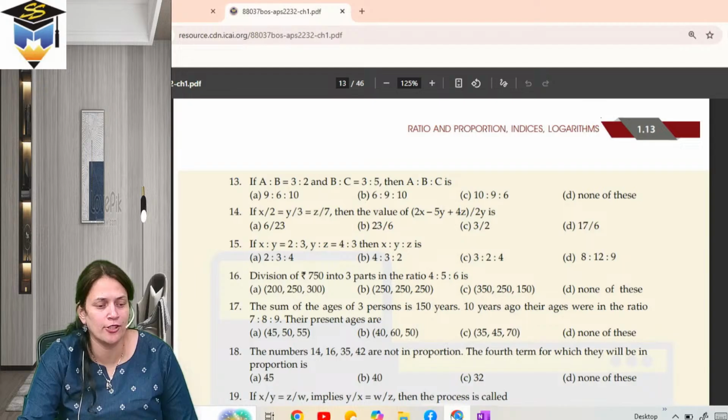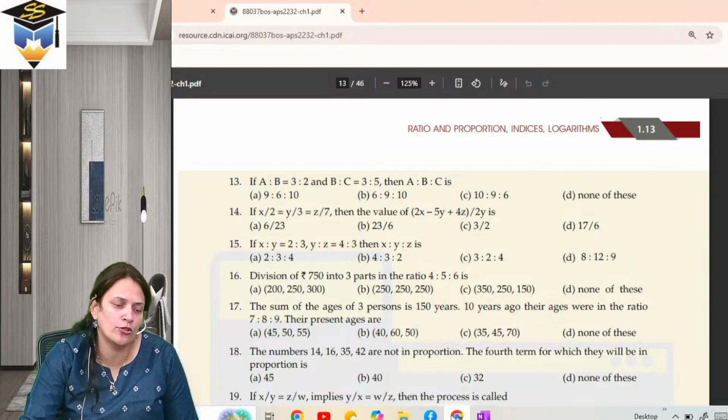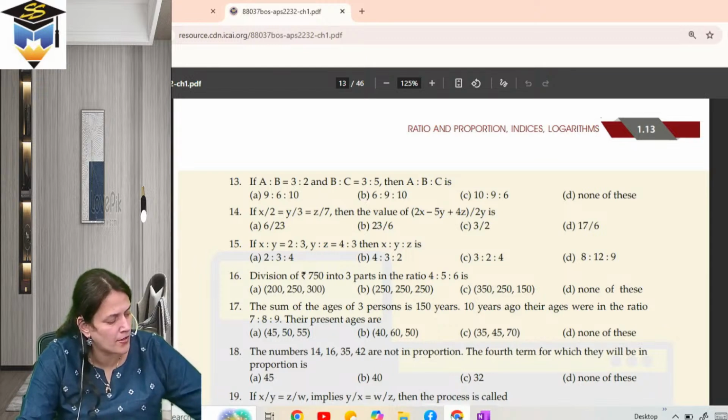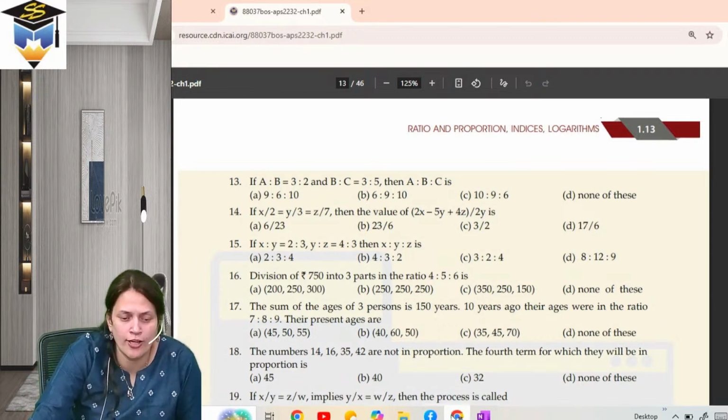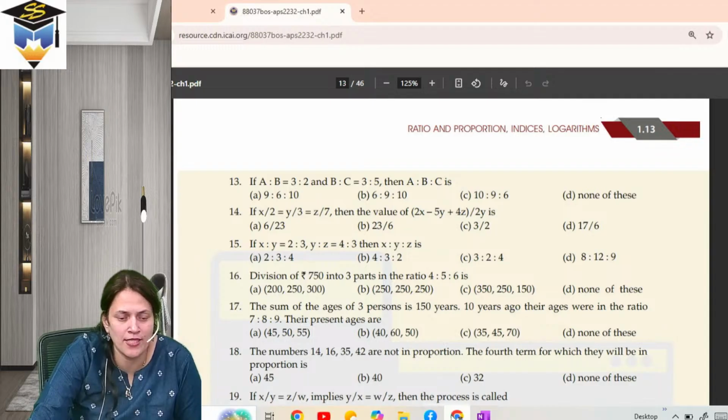So solve it by the method of K. So X is equal to 2K, Y is equal to 3K, Z is equal to 7K. Substitute it in the given format, that is 2x minus 5y plus 4z upon 2y. Tell me what is the answer.